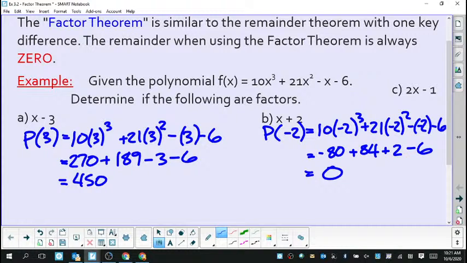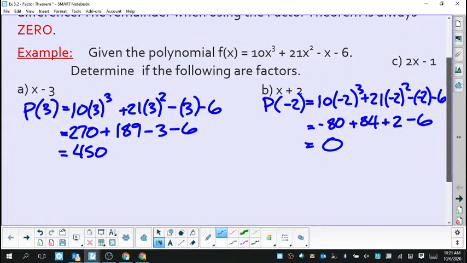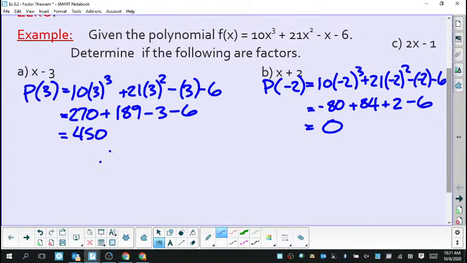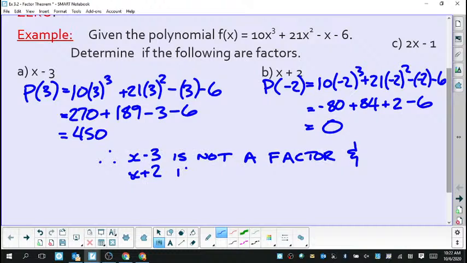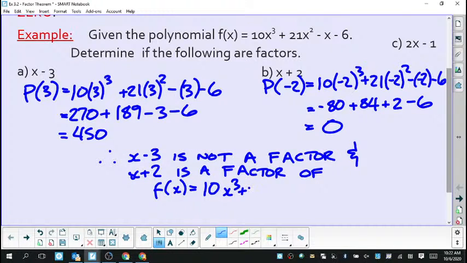Is x plus 2 a factor? Yes. All right, so let's just put some therefore statements in. Therefore, x minus 3 is not a factor, and x plus 2 is a factor of f of x equals 10x cubed plus 21x squared minus x minus 6.